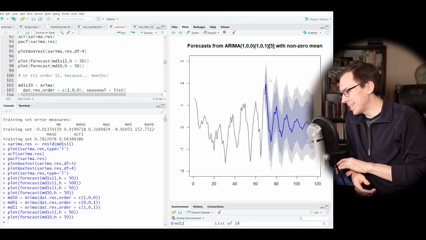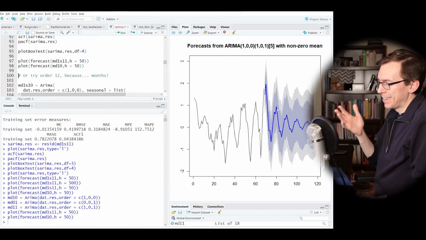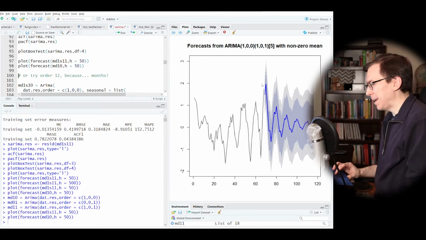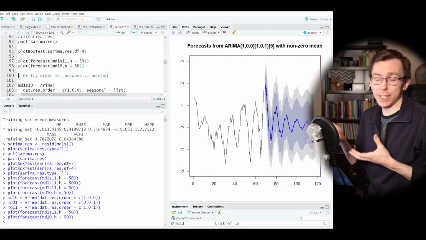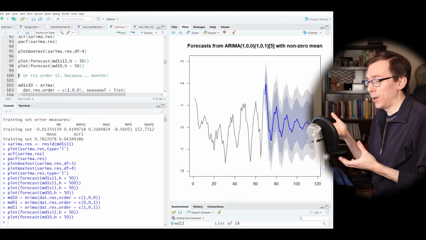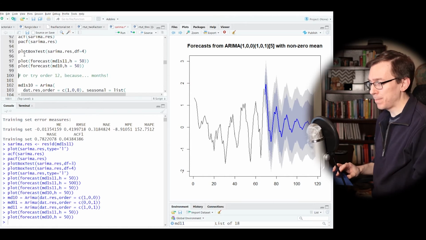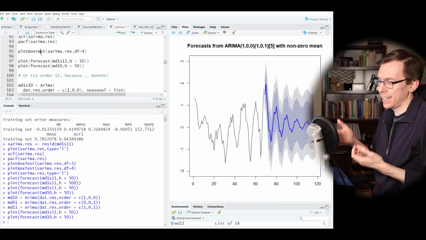If we look at this data, we still see periodic fluctuations that seem to happen about every 5 or 6 units for these spikes. Again, we had a period of 5, and it does seem to fit the data really well according to all of the test statistics, the ACF, the PACF, the box test that we have.